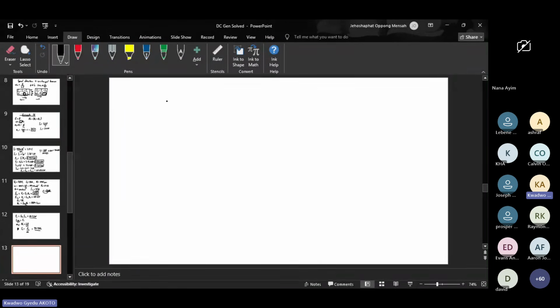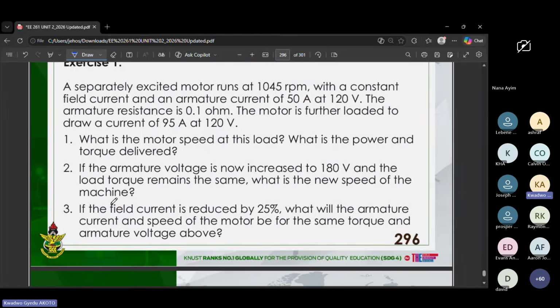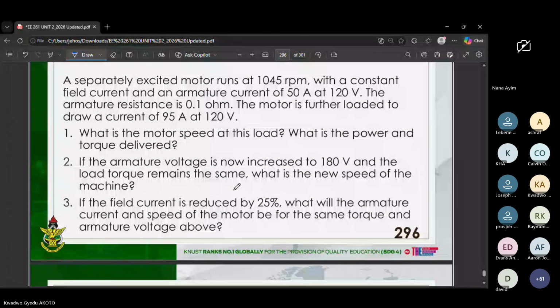So if TE is constant and phi is constant, which was already said, then that means that our IA is also going to be constant, right? So the only thing changing now is our EB, right? And it says, what is the new speed? So to find the speed, we need to calculate for EB.